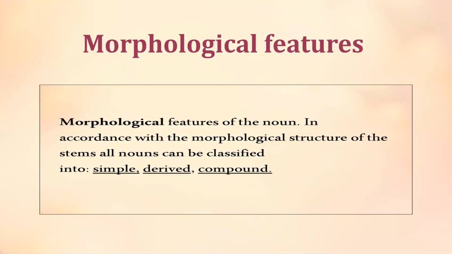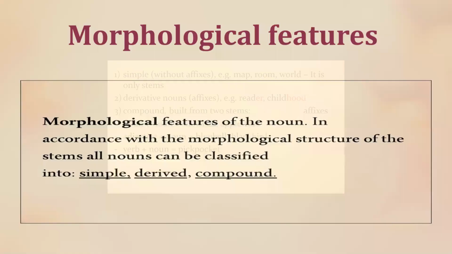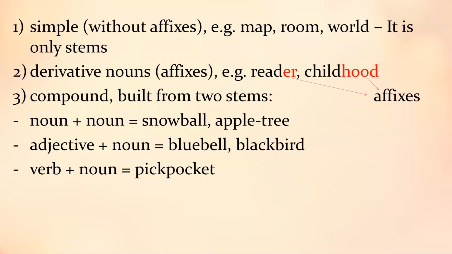In accordance with the morphological structure of stems, all nouns can be classified into simple, derived, and compound. Simple nouns are nouns without affixes. For example, map, room, world, book, table, pen, etc. It's only stems.